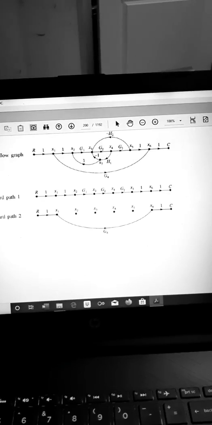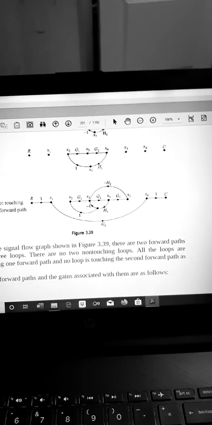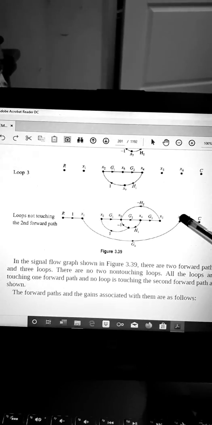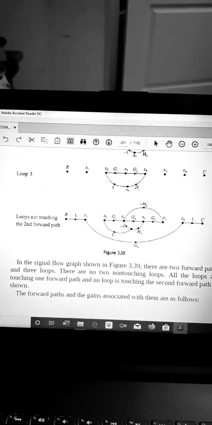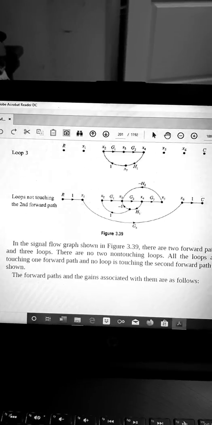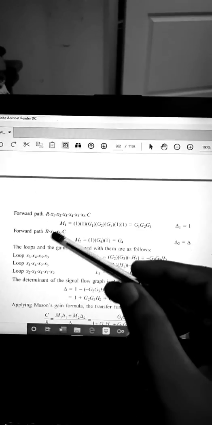So here this forward path is not touching any of these loops. M1, this forward path, it is having a gain and it is touching all the loops.